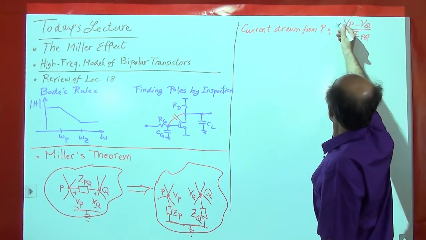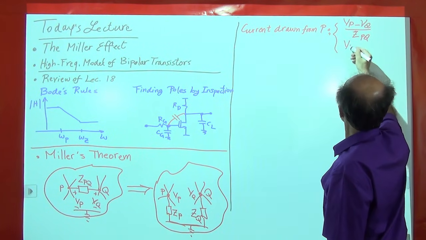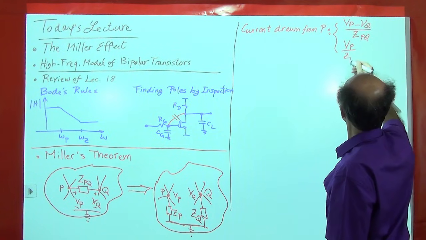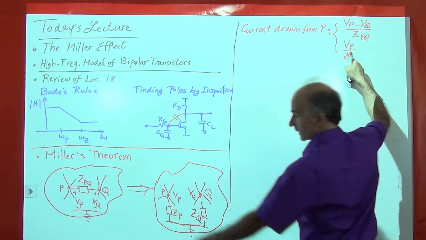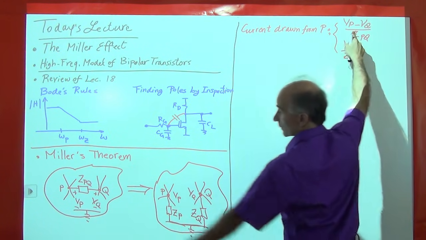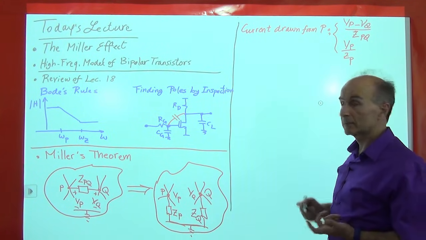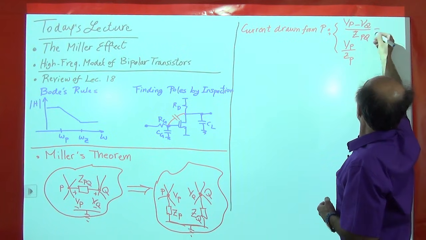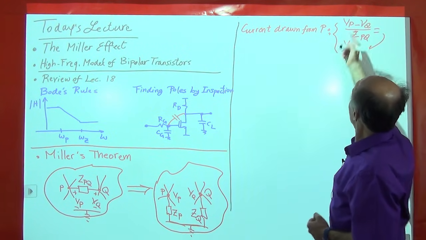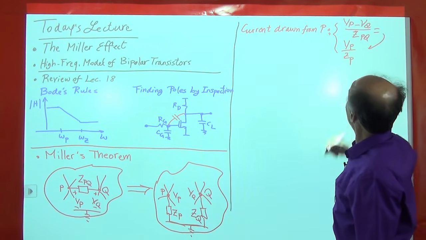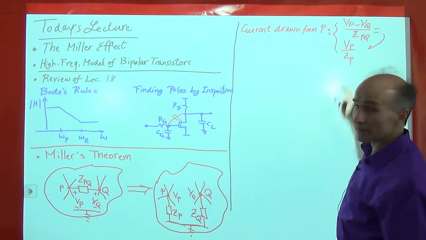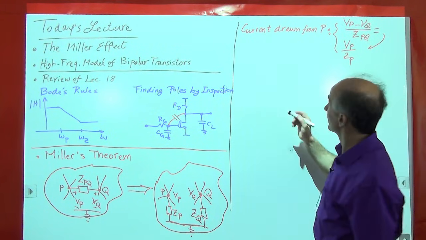So we have another equation, and that's VP over ZP. This is the current from node P in this circuit. This is the current from node P in that circuit. And these two currents have to be equal. Okay, so let's equate them, right? And what we need to do is now find ZP, because that's the unknown quantity.